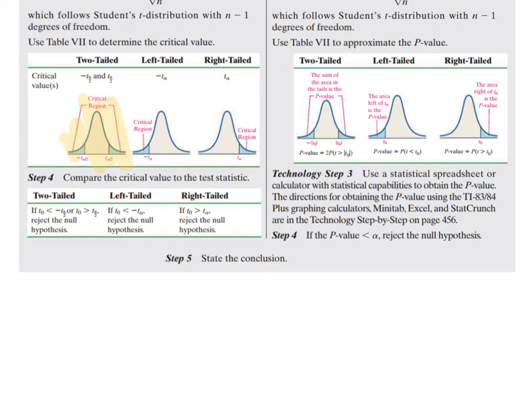Step 4 is, do you reject or do you not reject the null hypothesis? We base that on whether the test statistic falls in the critical region or not. And then step 5 is to write a fancy sentence, interpreting it in the context of the problem. We'll do that with the examples we look at today.